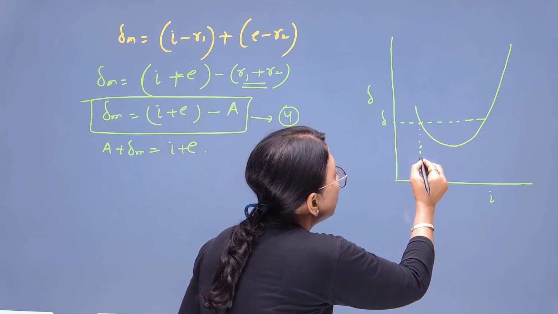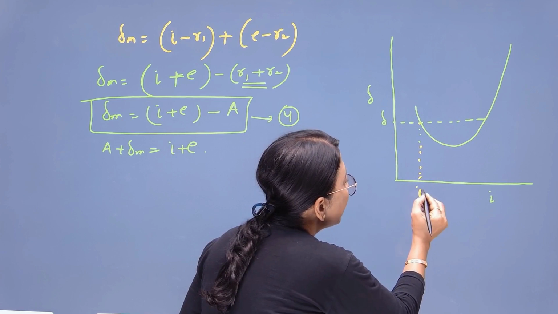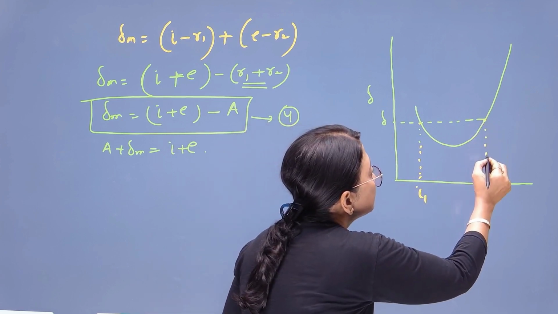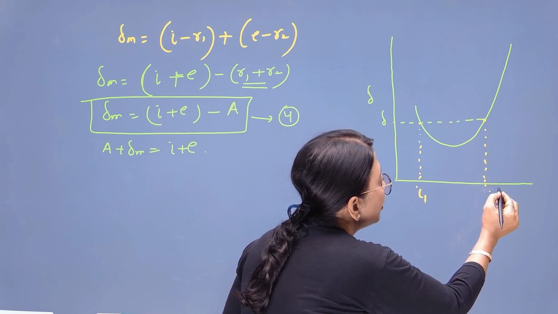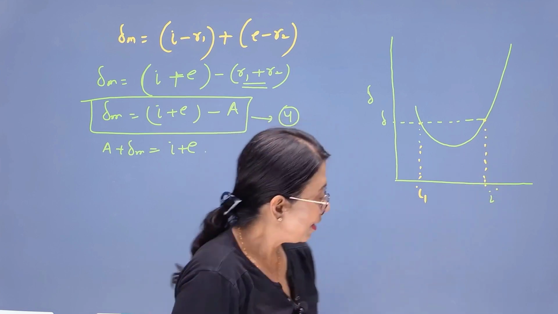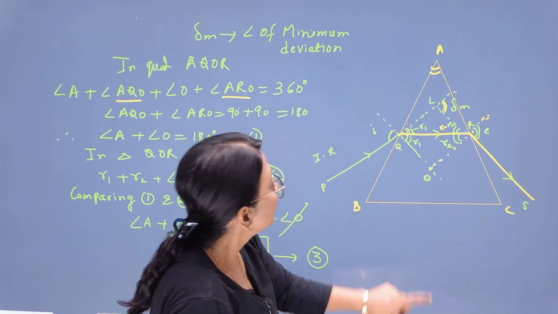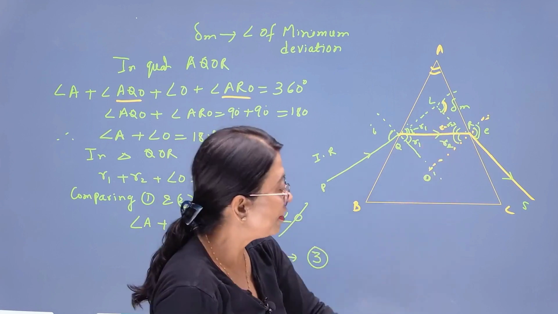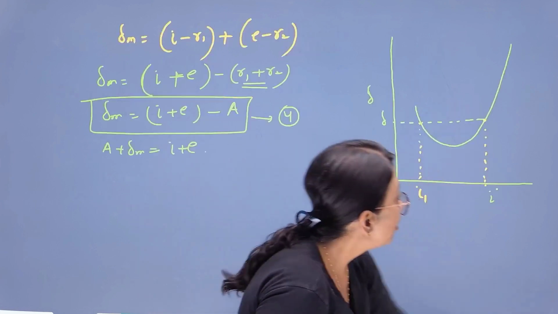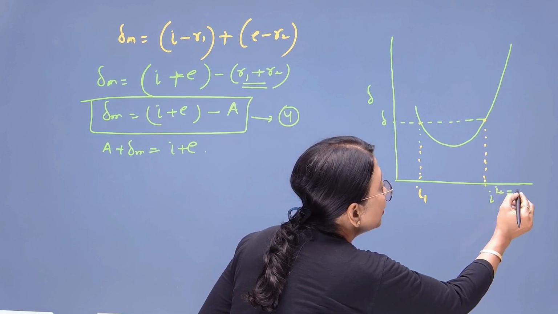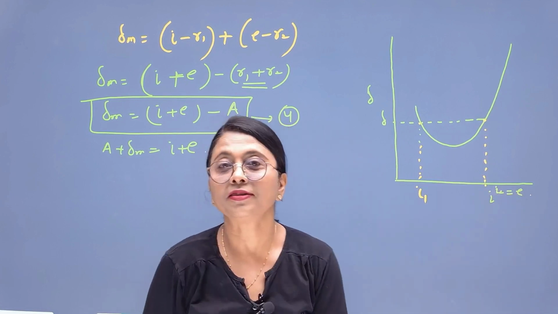If we drop a perpendicular, this is the first angle I1, और यहाँ ड्रॉप करते हैं, तो this is the second angle I2. But actually I2 नहीं है वो, that is for E. आप फिगर देखो पहला, just see this is I, और इधर से देखो तो ये एंगल ऑफ क्या है? It's the angle of emergence.